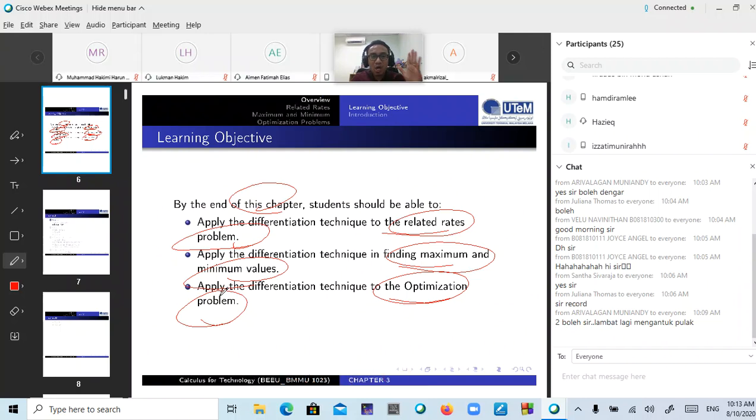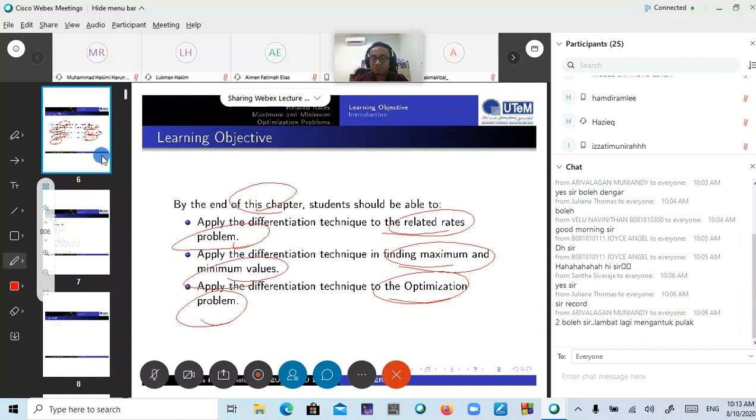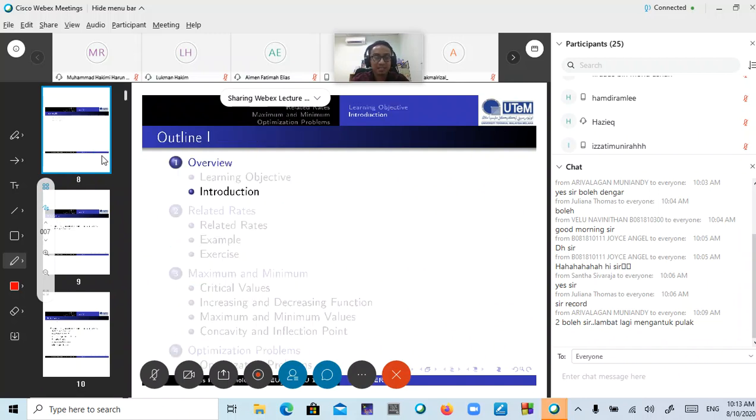Chapter 3 is all about application of differentiation. You already learned on chapter 2 how to differentiate. Now we apply the real problems. Okay. So first, related rate.